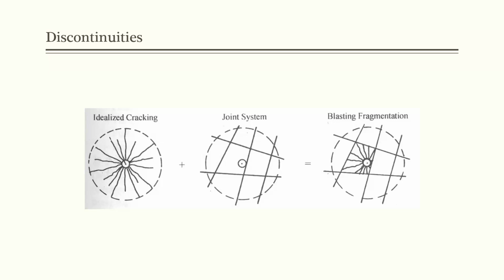Just like in this figure, on the far left, this is an idealized crack. This is usually what is intended when you design a blast. The middle figure shows a joint system, and on the far end it shows the blast fragmentation.